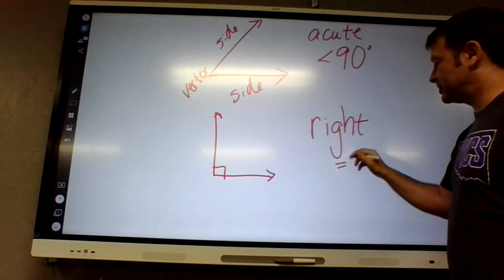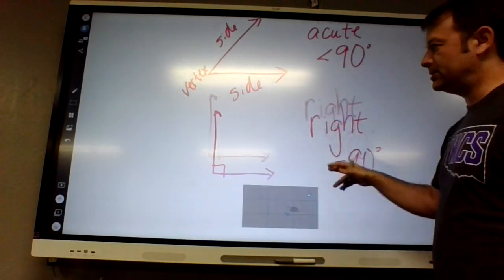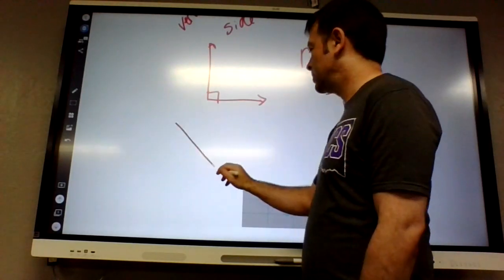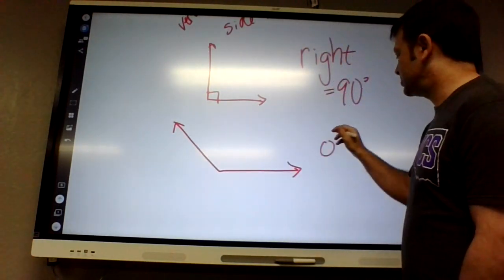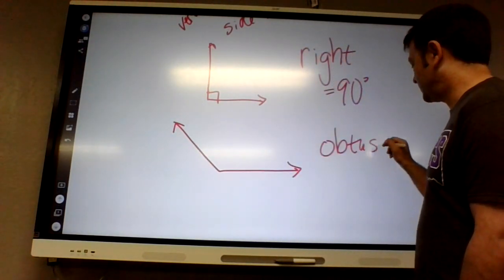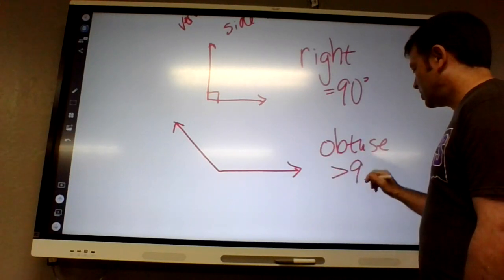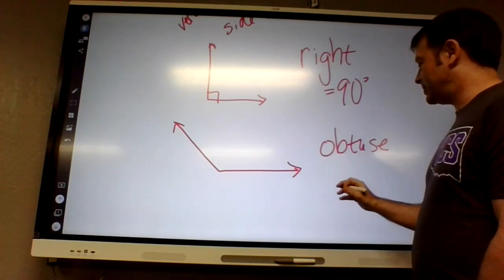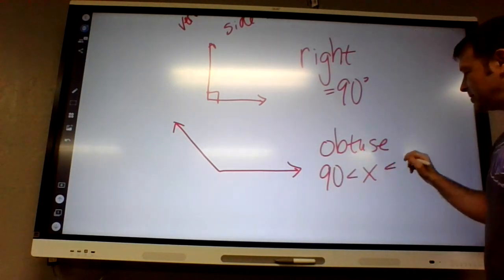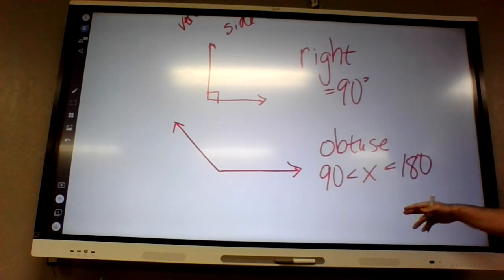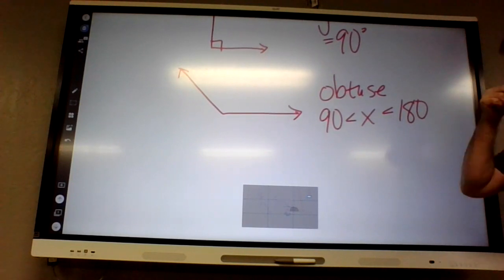Okay, that equals 90. And if it's bigger than 90, it looks like that. It's called obtuse. You guys remember this stuff, I'm guessing? Actually, it's not just bigger than 90. It's bigger than 90 and less than 180. Because what does a 180 angle look like?